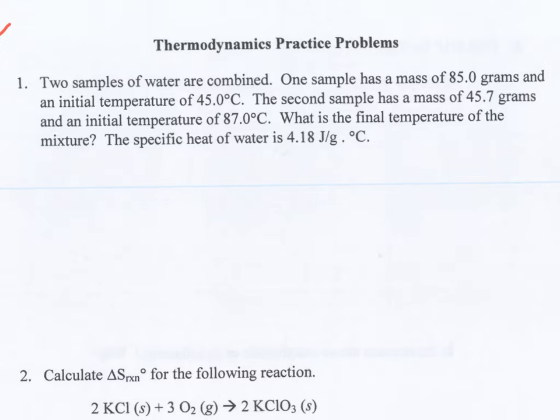Okay, so we know this is the hotter solution. This is at 87.0 degrees C. This is the cooler solution at 45.0 degrees C. We're going to mix the two.